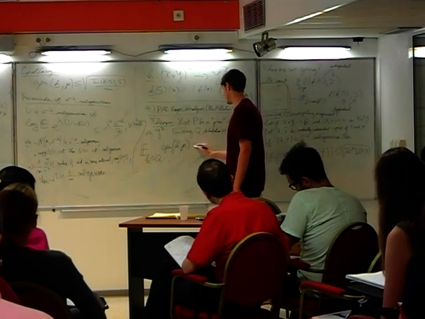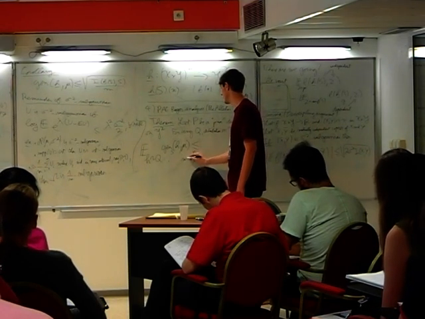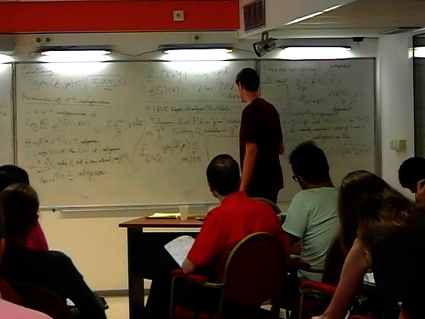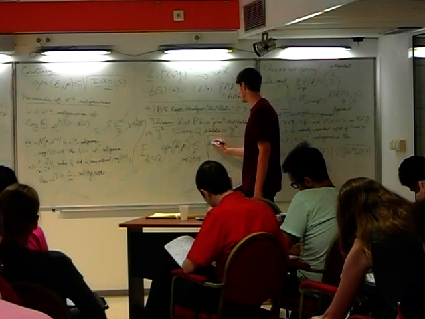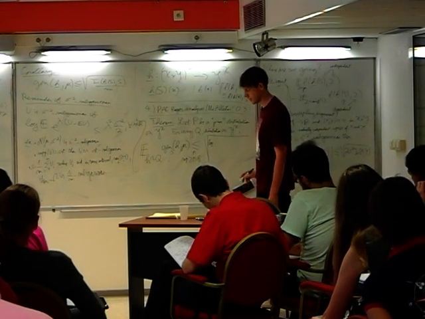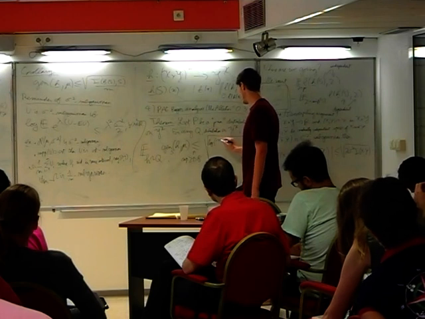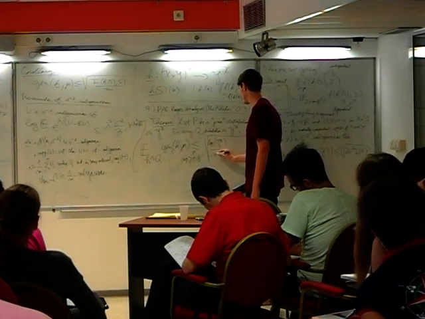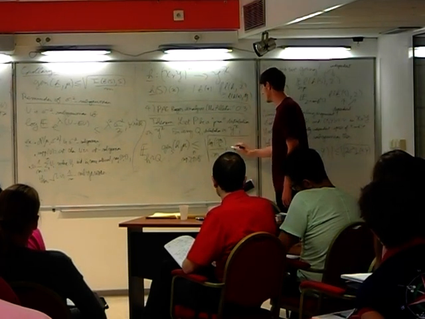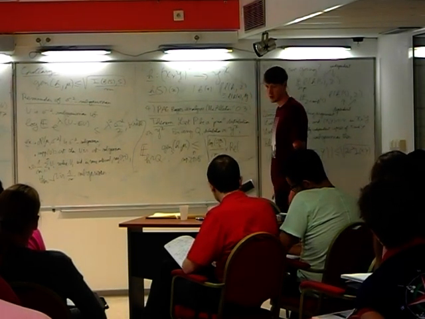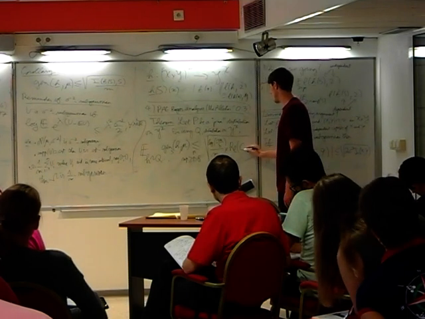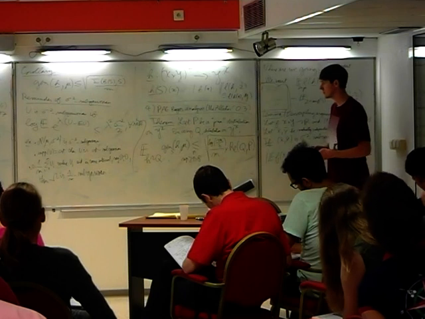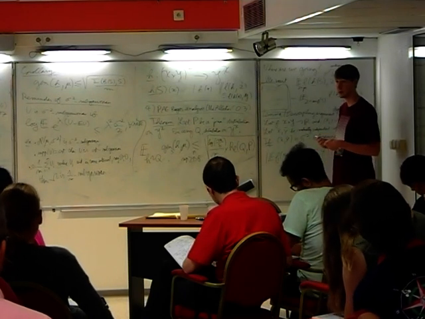This is upper bounded, with probability at least 1 minus delta, by a square root: log m over delta, over m, times the relative entropy between Q and P. Okay, this is the theorem.